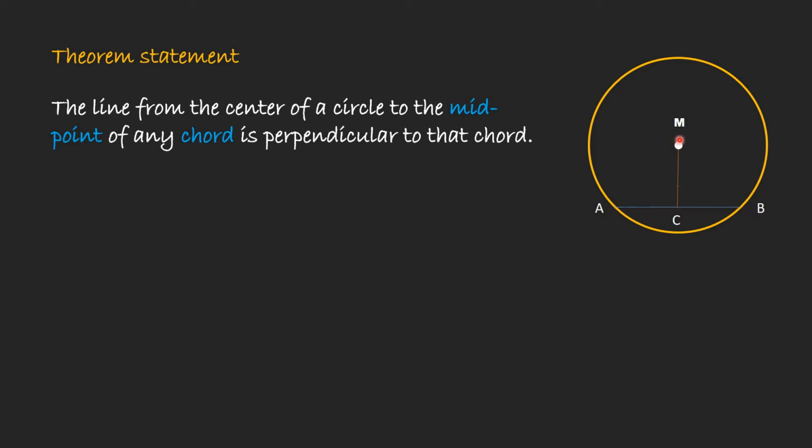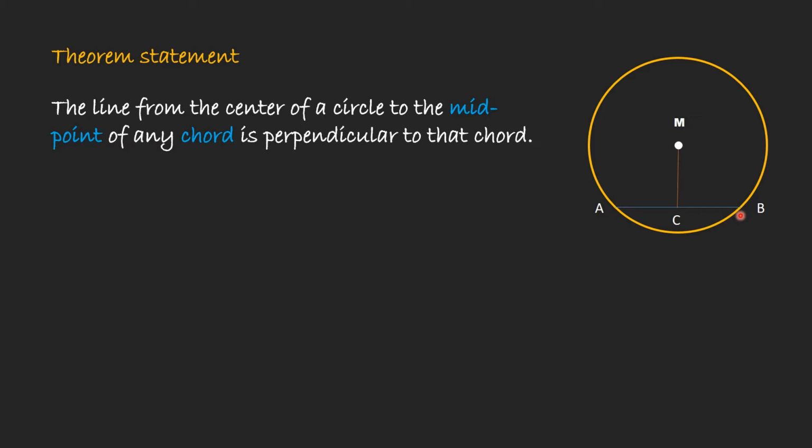So if this line goes exactly to the middle of this chord AB, the result will be that this line will be a perpendicular line on that chord.